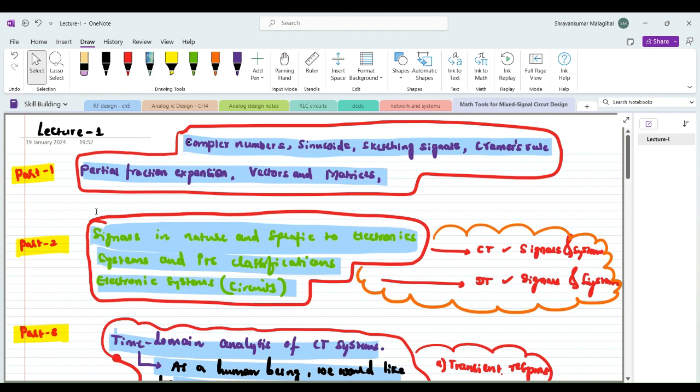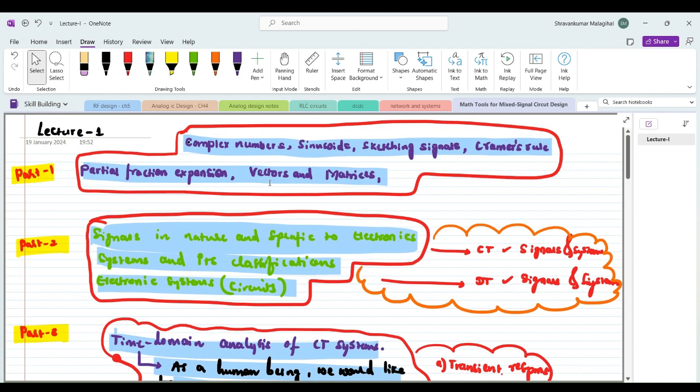For example, in part one, these are the basic mathematical concepts that every engineer needs to know: complex numbers, sinusoids, sketching signals, Cramer's rule, partial fraction expansion, and vectors and matrices.